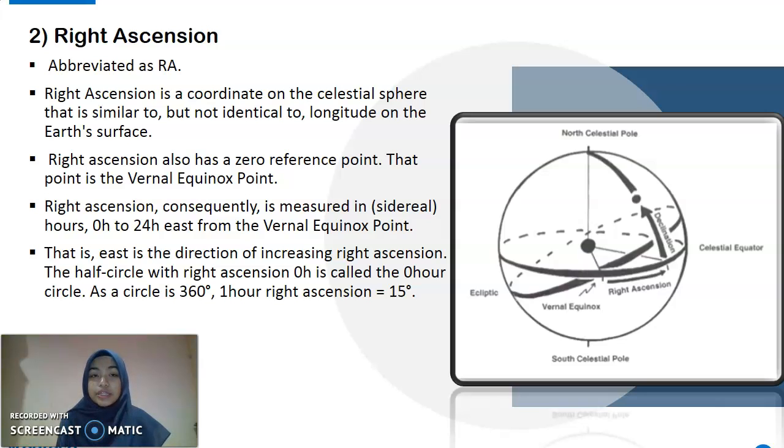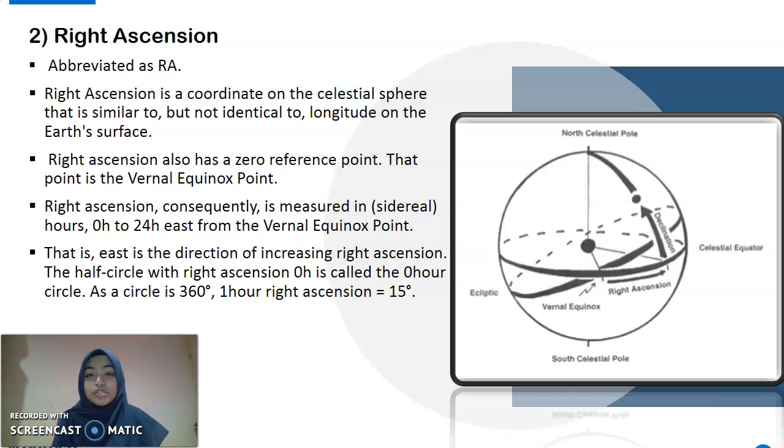Second, right ascension. Right ascension, abbreviated as RA. Right ascension is a coordinate on the celestial sphere that is similar to, but not identical to, longitude on the Earth's surface. Right ascension also has a zero reference point, and that point is the vernal equinox point.